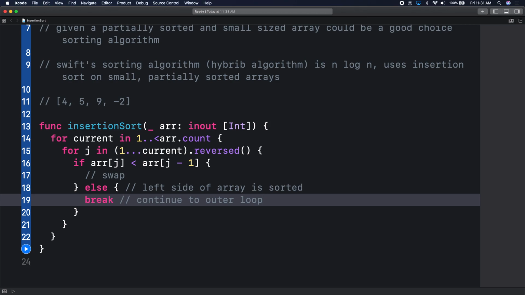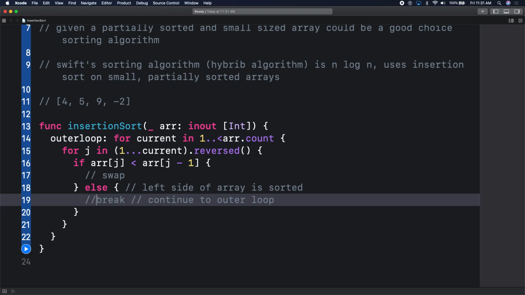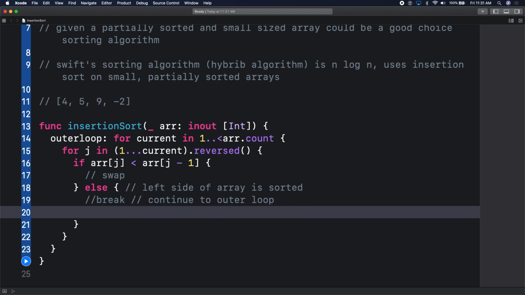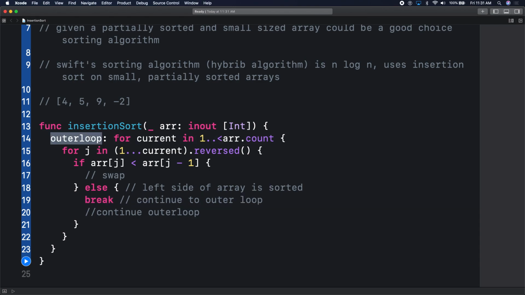Remember our labels from Unit 1? I could say break out of the inner loop, or I could say continue to the outer loop. If I say outer loop here instead of break, the syntax would be the same. Those would be the same, okay?